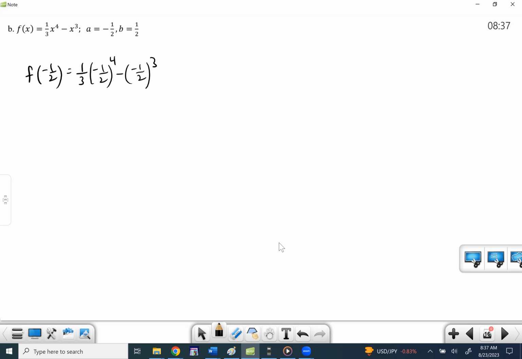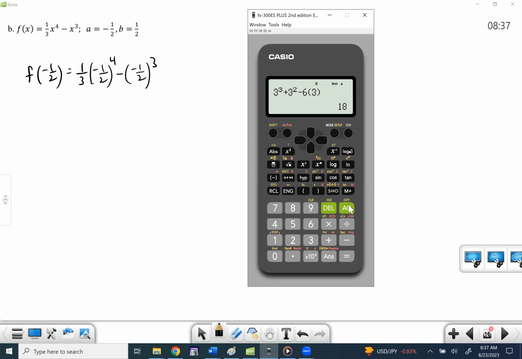So let's go see if I can actually use the calculator correctly here. Clear this out. All right, so we've got 1/3, right arrow, parentheses, -1/2, right arrow, parentheses, to the 4th, minus -1/2.